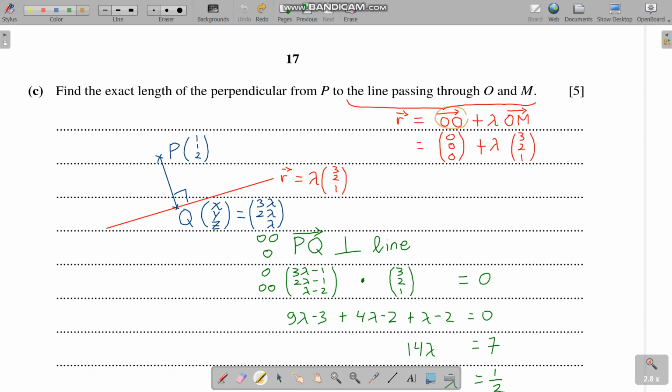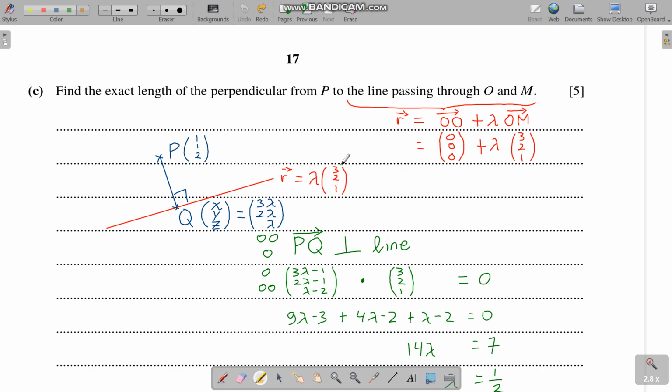So the point O, which is the origin, (0, 0, 0), and the line direction OM, which is just the position vector of M, (3, 2, 1). So this is the vector equation of the line. This is just 0, so just use 3 lambda, 2 lambda, 1 lambda. So this is the line vector equation.